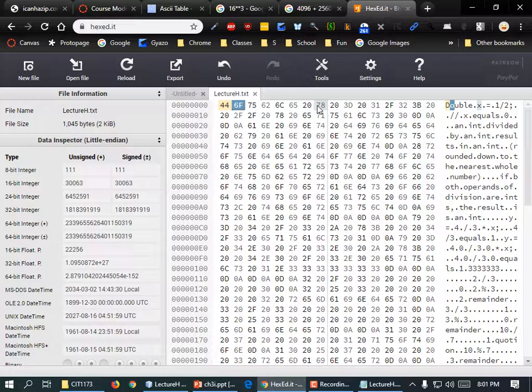So if I change that to a 4F, it makes it capital. And a 7-something, if I subtract 20 from it, it becomes a 5-something. See, I'm making all these letters uppercase just by changing their ASCII values. I'm editing the hexadecimal ASCII values, and that's why it's called hexed.it.